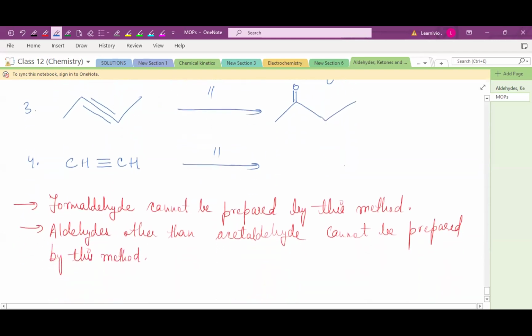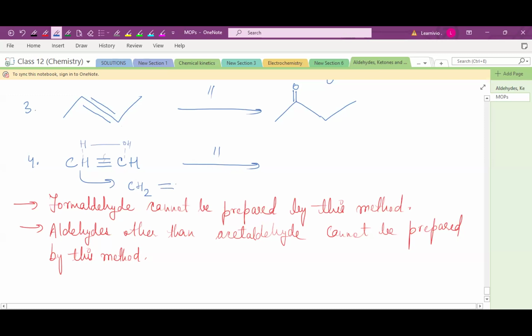And what about the fourth one? The fourth one is, oh sorry, ethyne. What happens first? This is again a symmetrical type of carbon, so you can attach the OH group to either carbon and hydrogen to the other. Suppose you attach hydrogen to this carbon and the OH group to the other carbon. It gives you CH2 double bond CH with OH, breaking the pi bond.